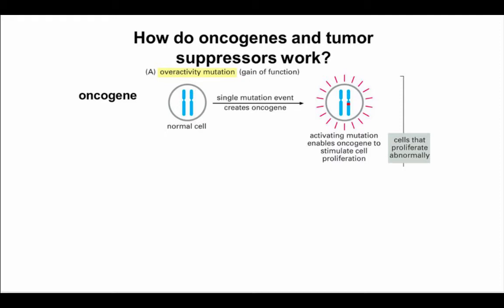As for every gene, you have two copies, one that you inherit from your mom and one from your dad. If one of those copies mutates from a proto-oncogene to an oncogene, one mutation is enough to encourage cells to divide, which could lead to cancer. So a mutation in a proto-oncogene is a dominant mutation because just one copy is enough to produce this new function of the cell dividing uncontrollably.